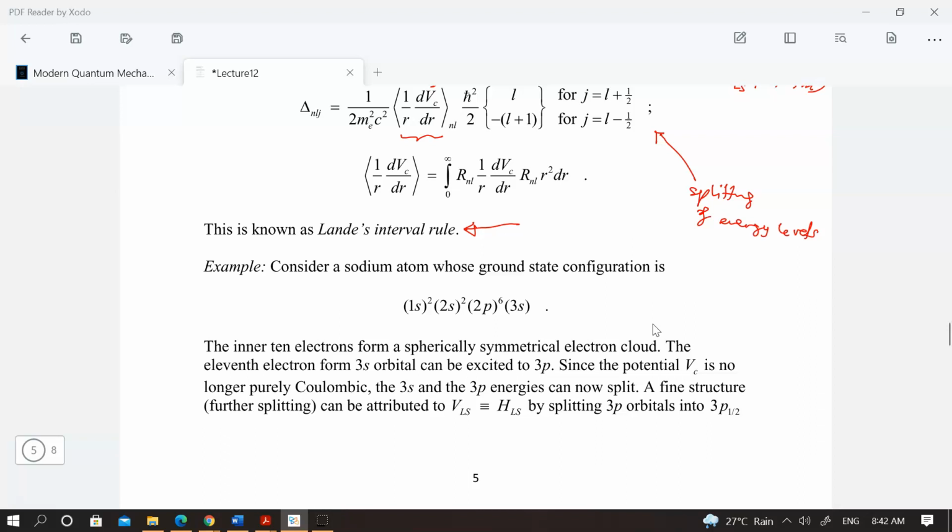The ground state configuration is given by this electron configuration. You have your ground state s electrons, two of them, and then you go to the next level, n equals 2. Your s shell fills up, and then your p shell fills up, until the last electron fills up the third energy level. This gives you the valence electron.